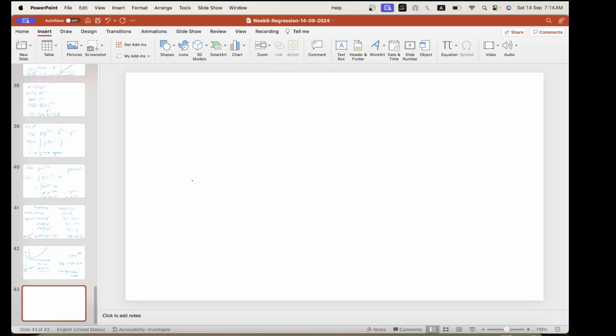If we have a model like this, that is y equal to beta naught x to the power beta 1, then we would have log y equal to log of beta naught plus beta 1 log of x.